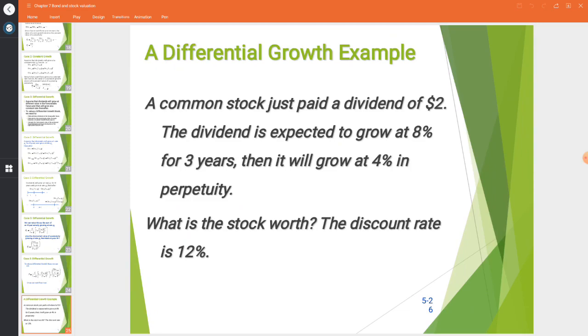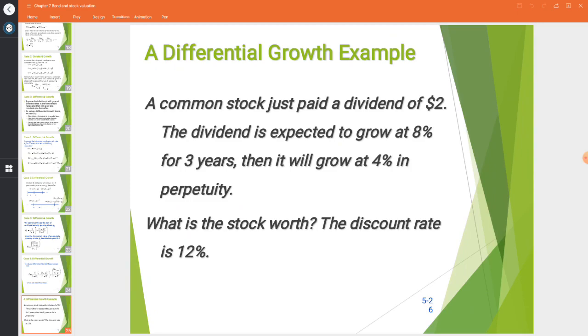This dividend is expected to grow at 8% for 3 years. This is the first growth rate, G1, and then it's expected to grow at G2 of 4% in perpetuity. Specify what is the stock value if the discount rate is 12%.